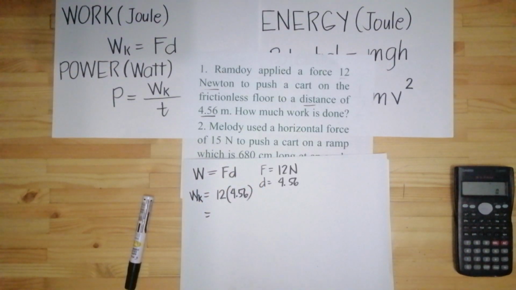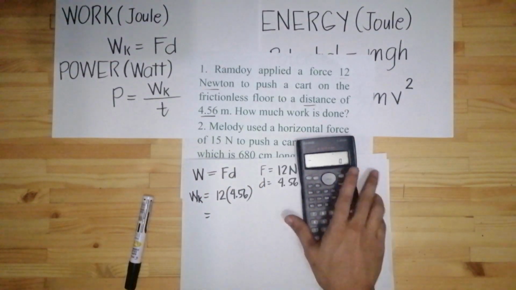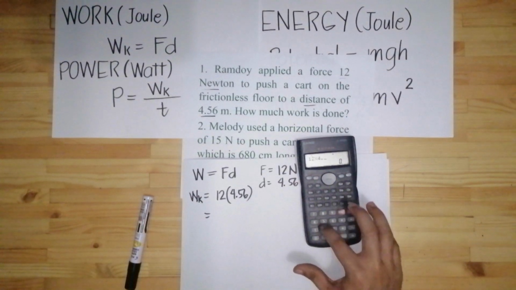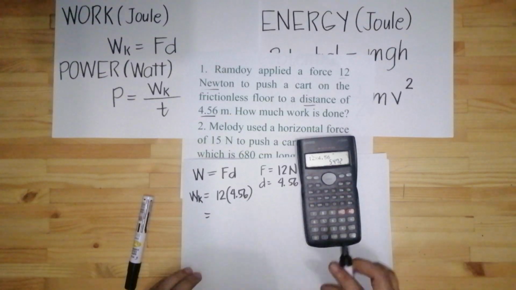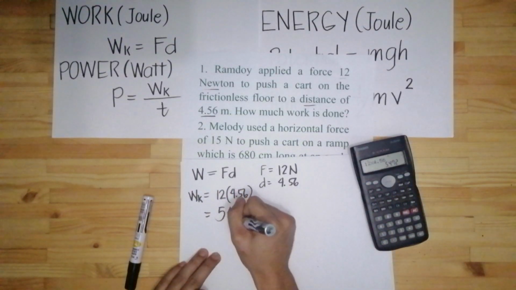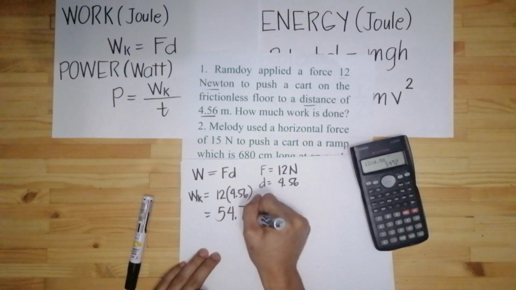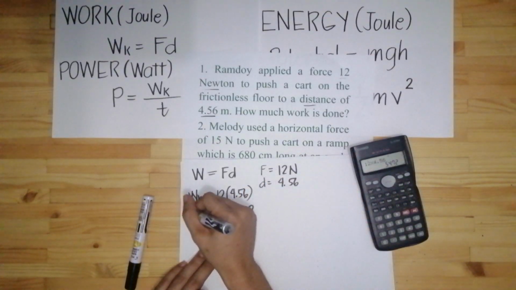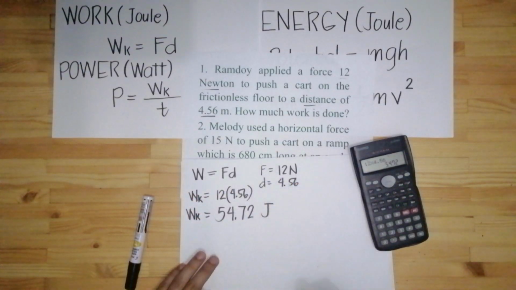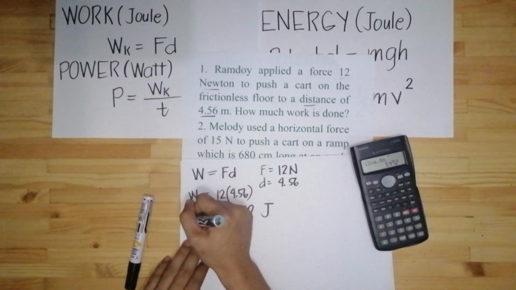Let's multiply using your calculator. 12 times 4.56 is equal to 54.72. So, the unit of the work is joule or joules. So, this is the answer in number 1.